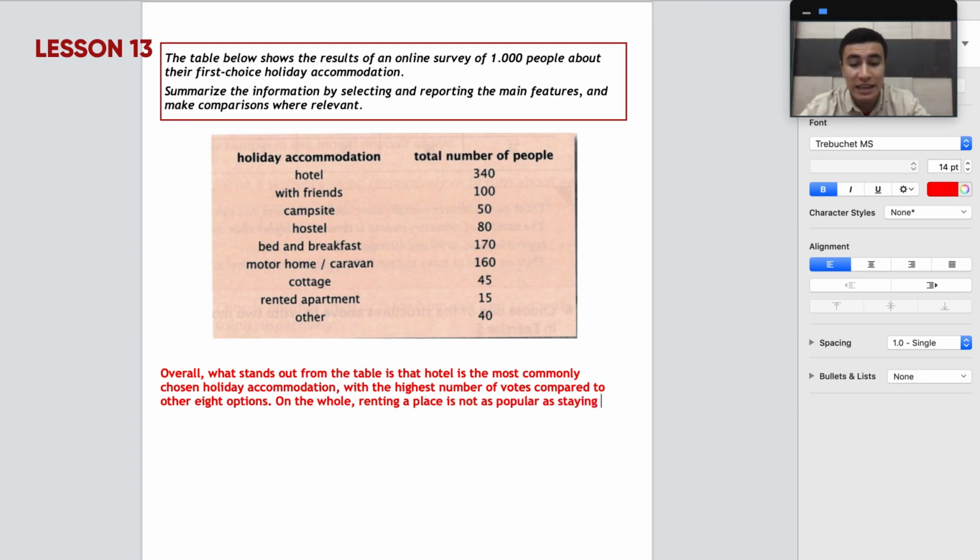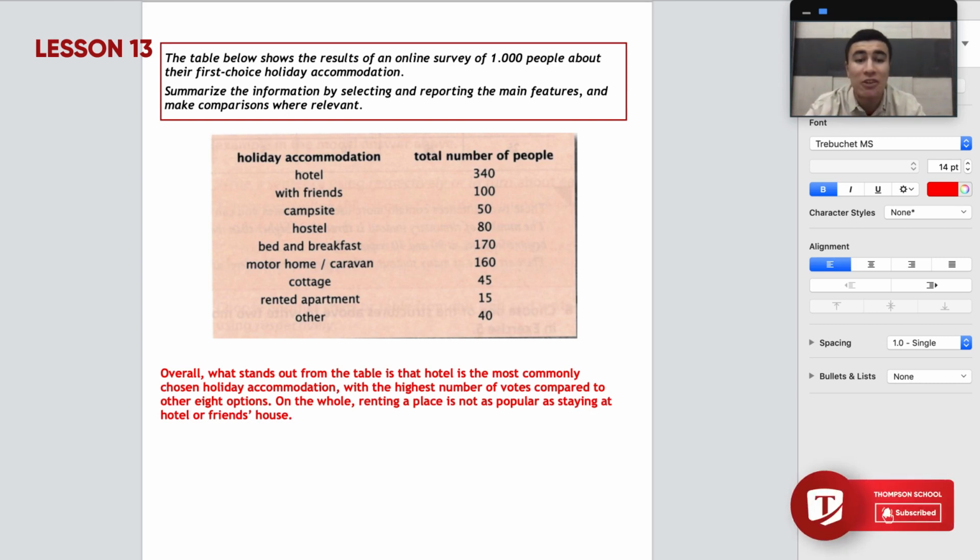Okay, on the whole, renting a place is not as popular as staying at a hotel or a friend's house.